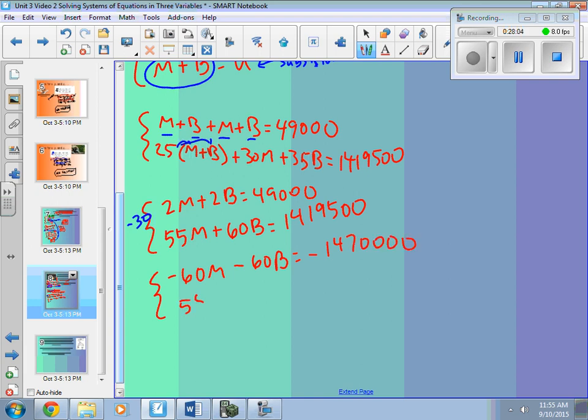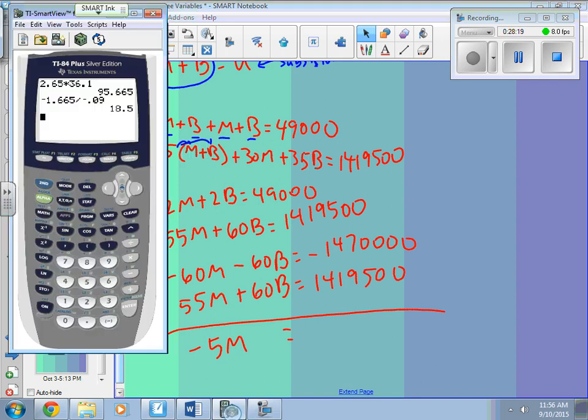And if we add that now with our bottom one, our b's eliminate. And we'd end up with negative 5m equaling, this would be where you'd want to probably use some type of calculator to figure this one out.